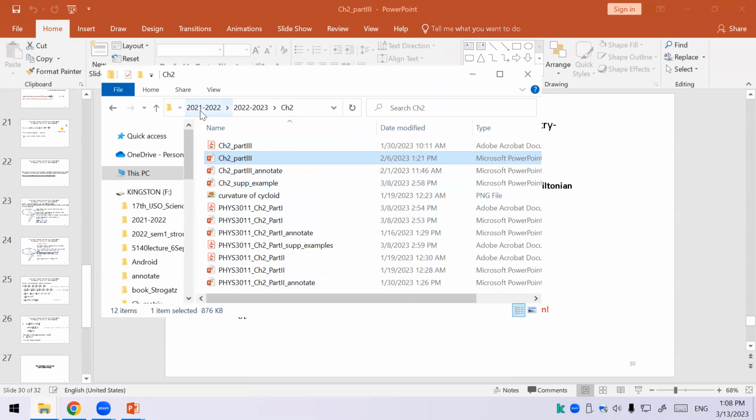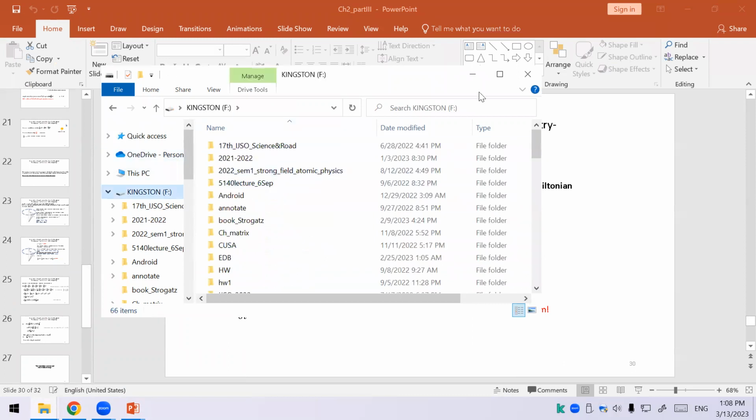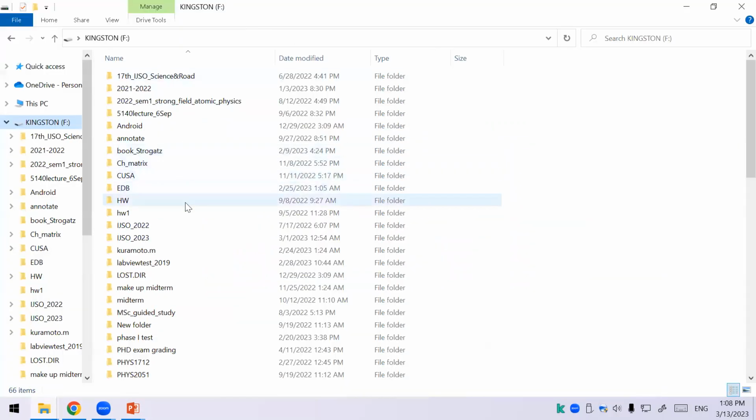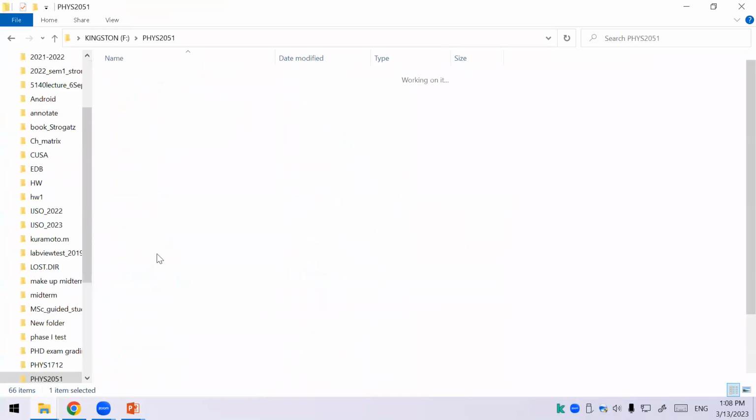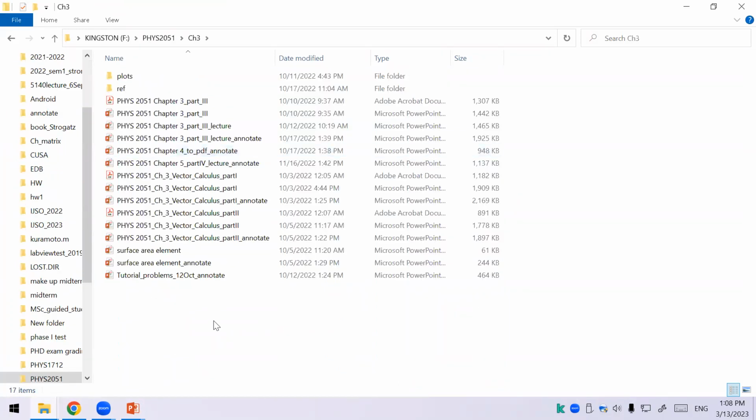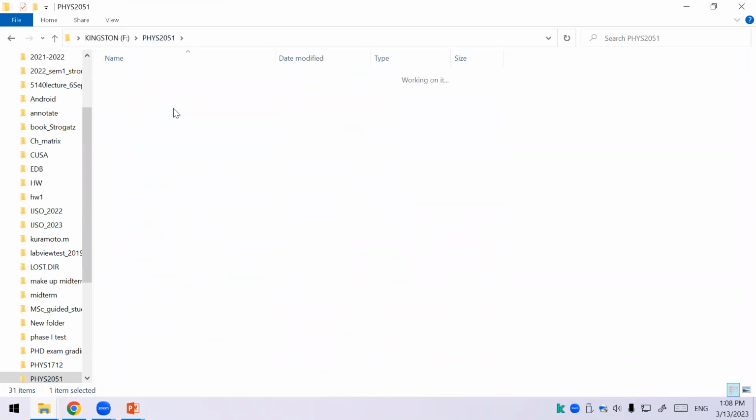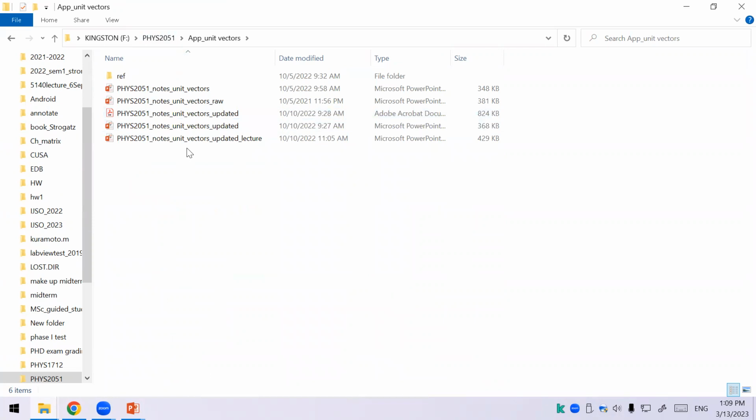Let me try to find it from my old notes. Essentially from 2051. If you have taken that course in the last semester, you might still remember that.